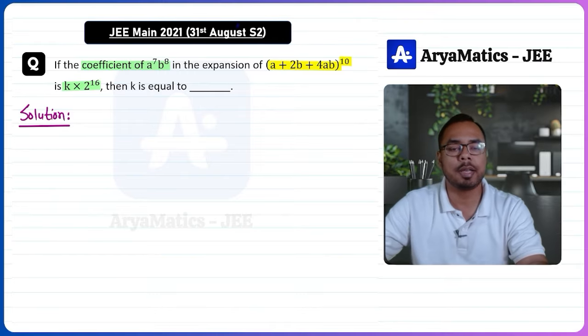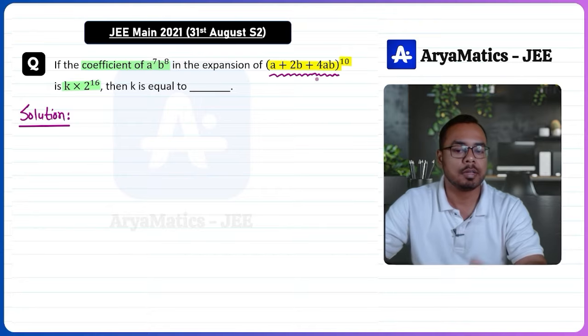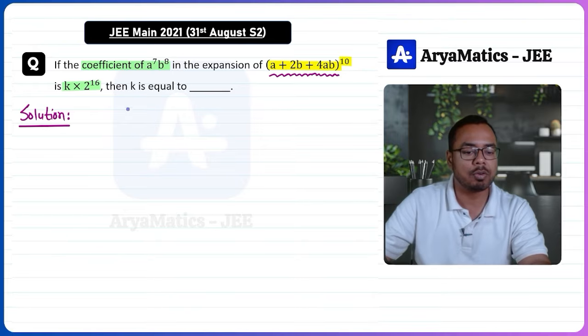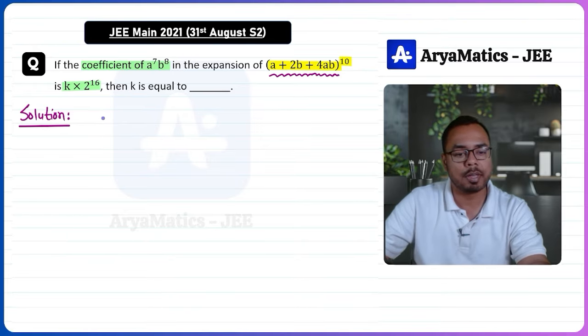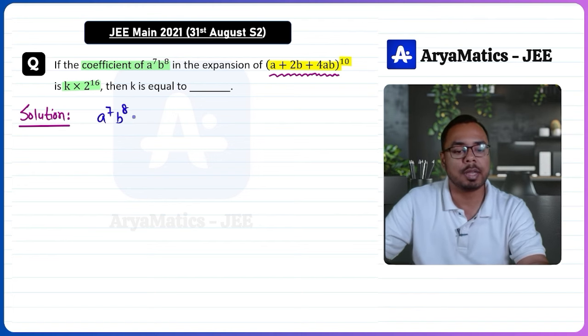However, there is one simple trick, and you can solve this problem within a few seconds, right? Here, instead of using the general multinomial theorem, we need the coefficient of a raised to 7 and b raised to 8. So from these three terms, we can take ab common, right?